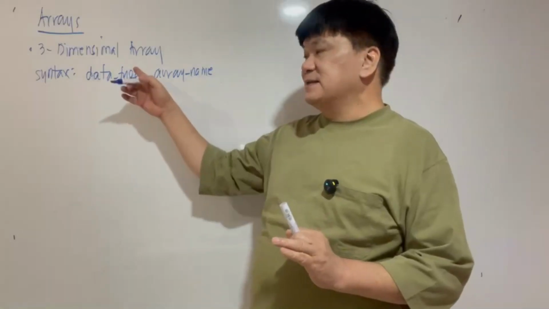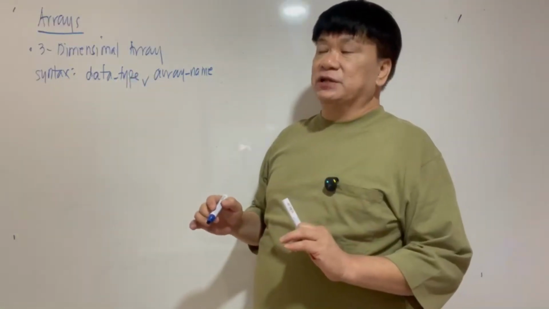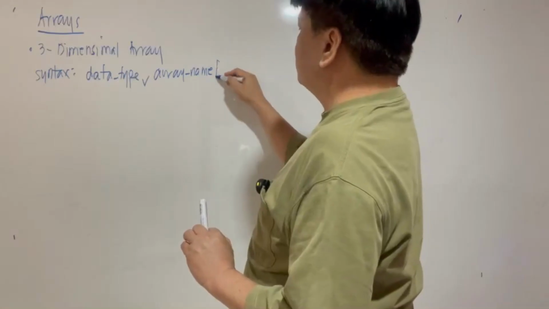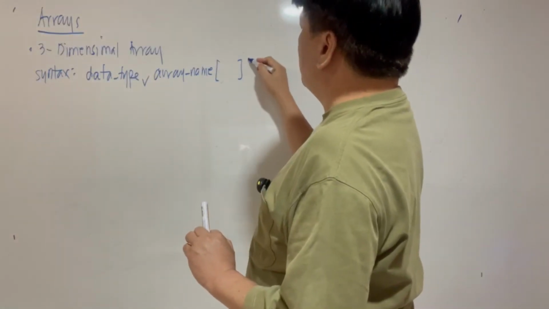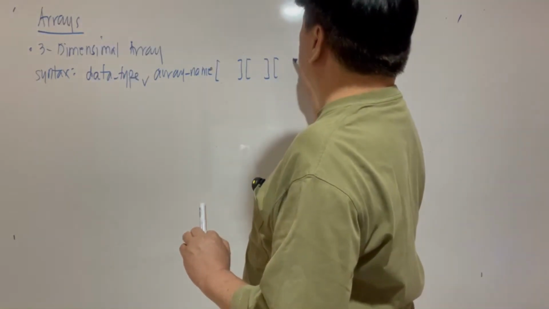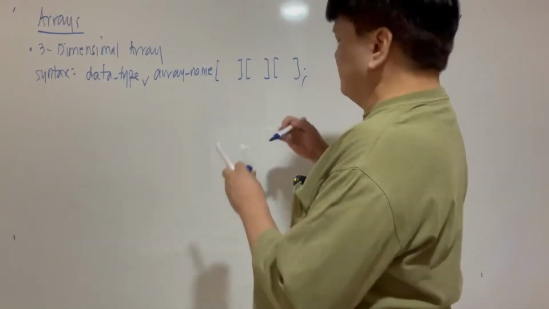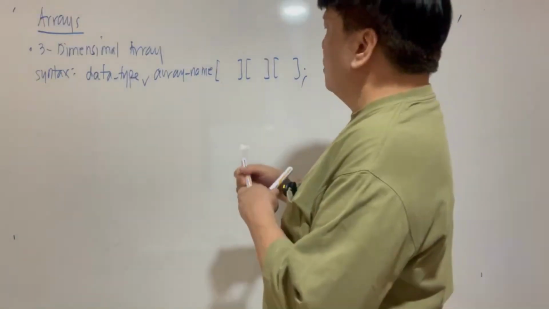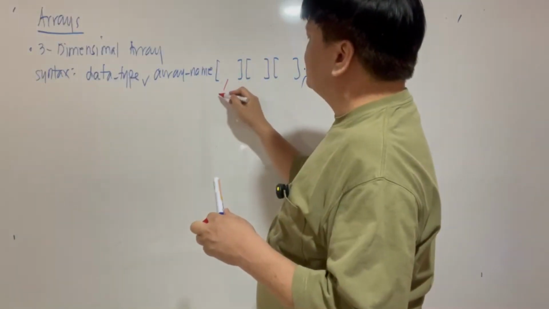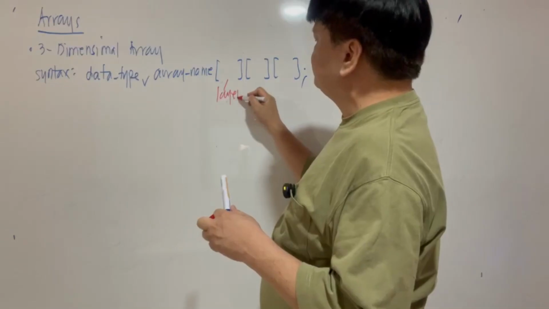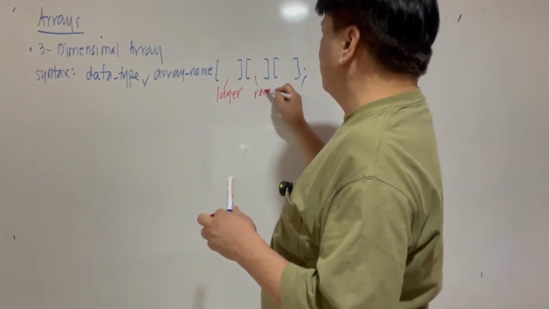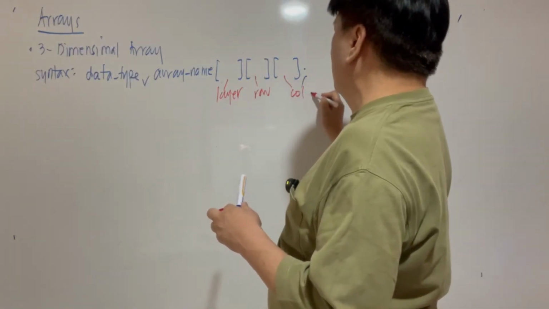We can just have an example for the three-dimensional. Then the subscripts, we have three: first, second, and then third. So this one is for the layer. Again, this is for the row, and then you have the column.